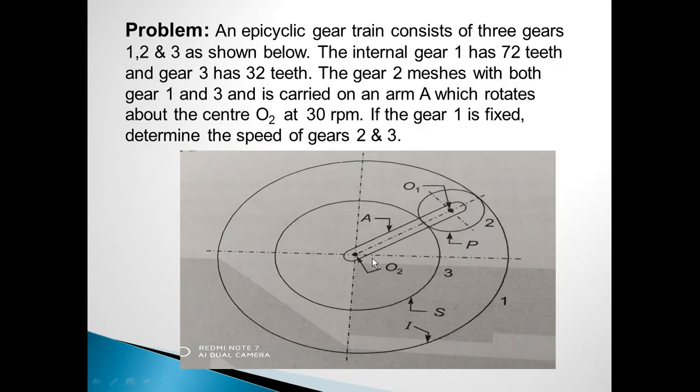If you look at the configuration diagram, we can see that the radius of gear 1, that is the internal gear of bigger size, is equal to the radius of gear 3 plus 2 times the radius of gear 2, or plus the diameter of gear 2. So mathematically, R1 is equal to R3 plus 2 times R2.